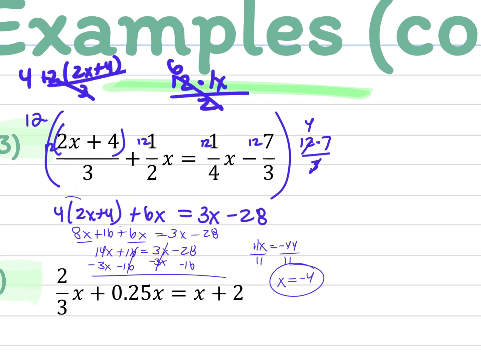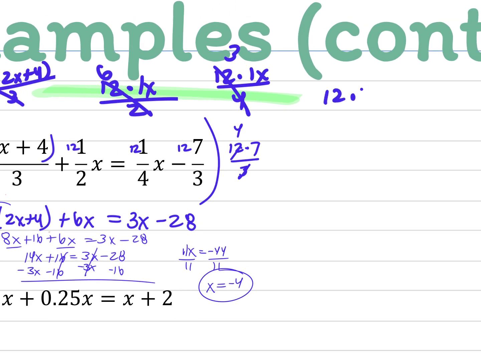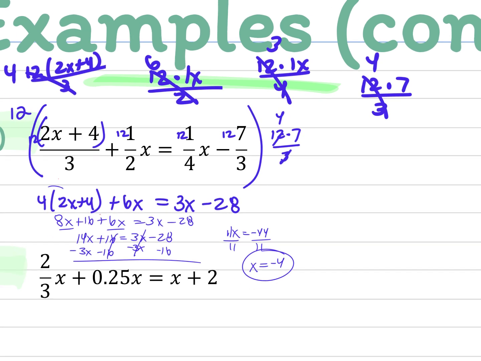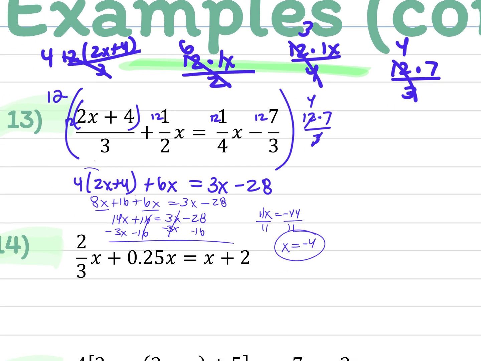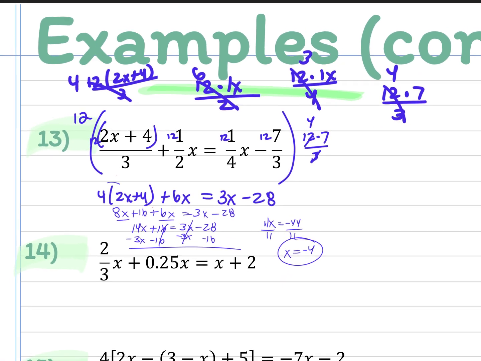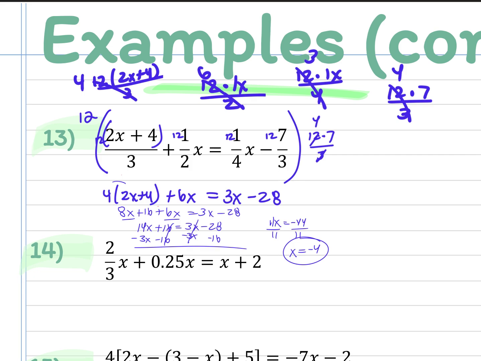All right, then I come over here and I'm going to say 12 times 1x over 4. When I simplify, it becomes what? 3. And then I'm going to say 12 times 7 over 3. Hold on, Alec. So 12 divided by 3 is 4. 4 times 7 is 28. My answer is like 11x minus 6 over 12.